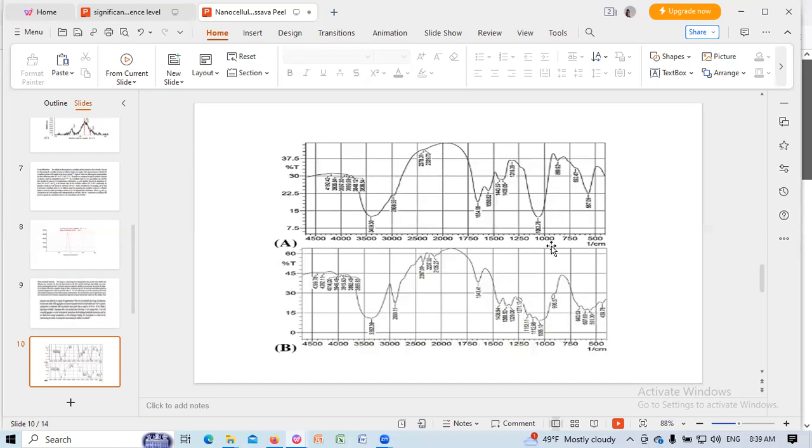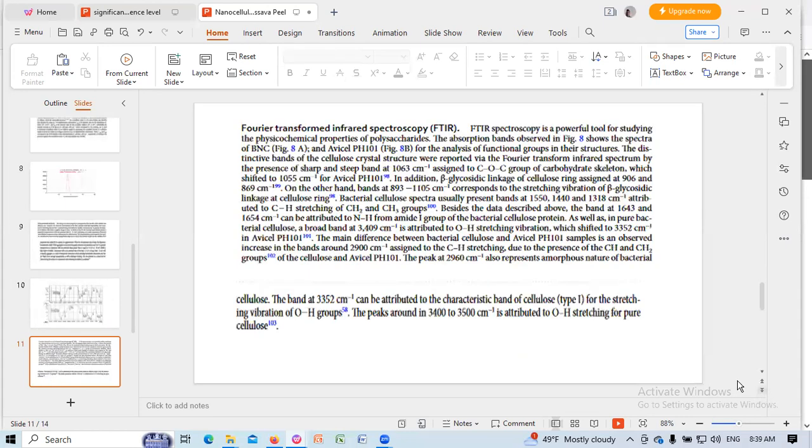The peaks in the range of 893 to 1105 per cm are due to the beta glycosidic linkage, and the peak at 1063 is the C-O-C group. This is the explanation of the FTIR analysis.